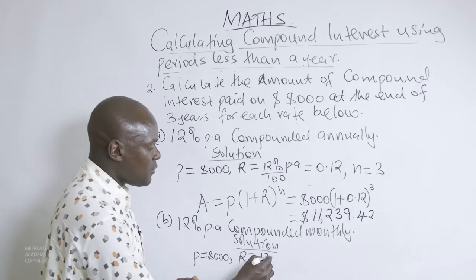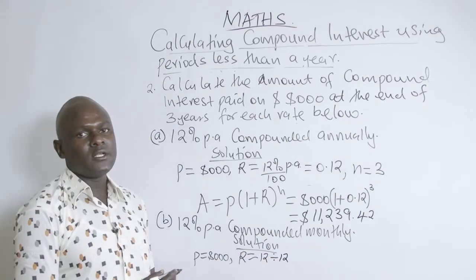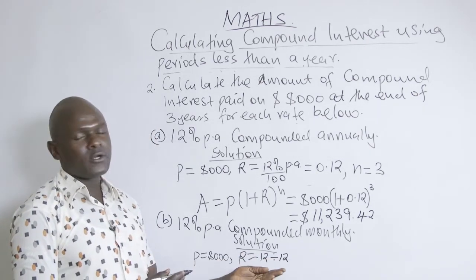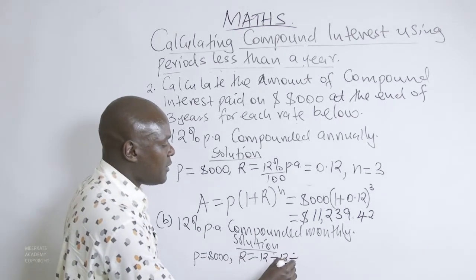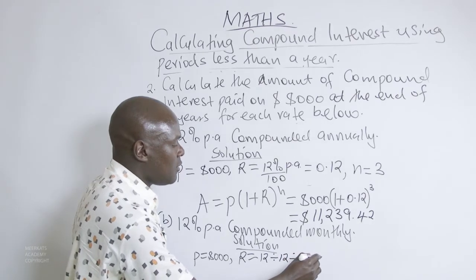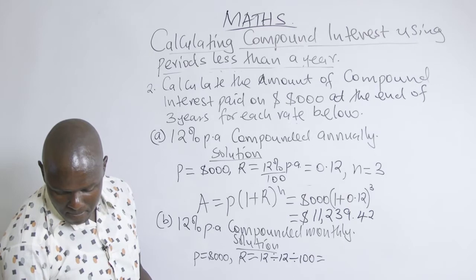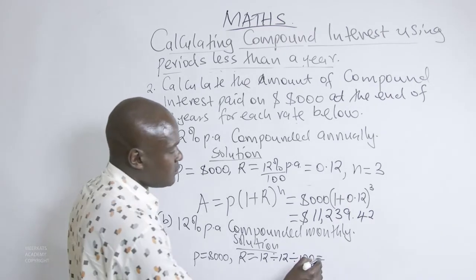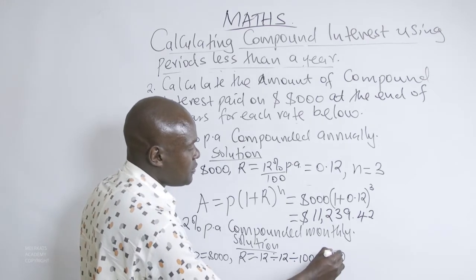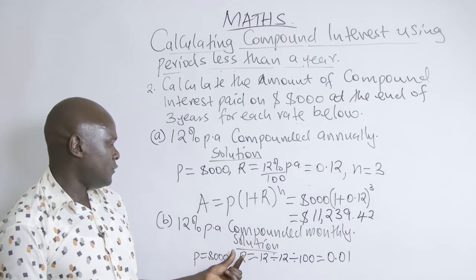In a month, we will divide these rates by 12 months to get the rates per month. And then for us to convert the same to a decimal number, we will divide by 100. And this will give us new rates. The rate will be 0.01.